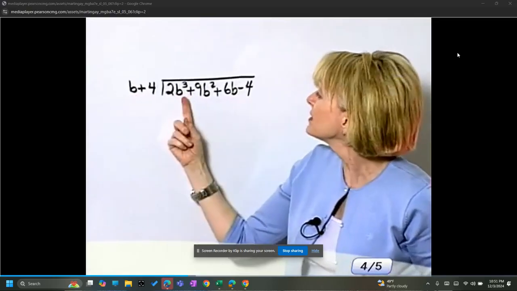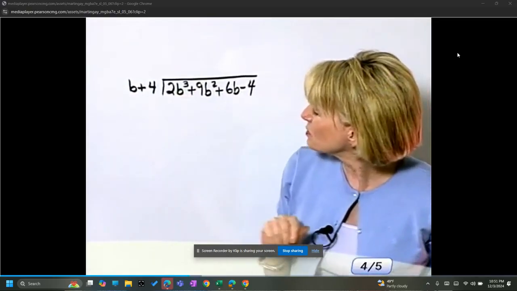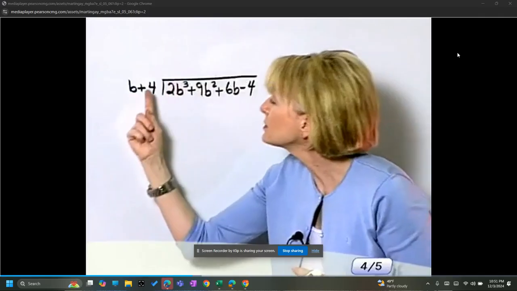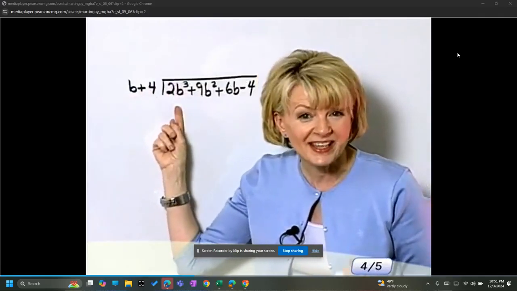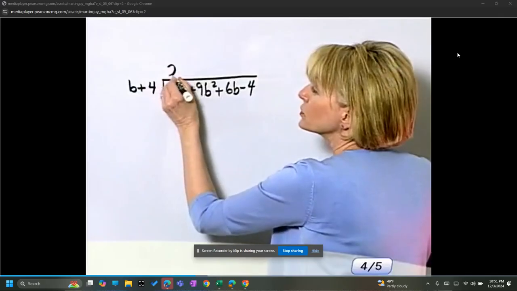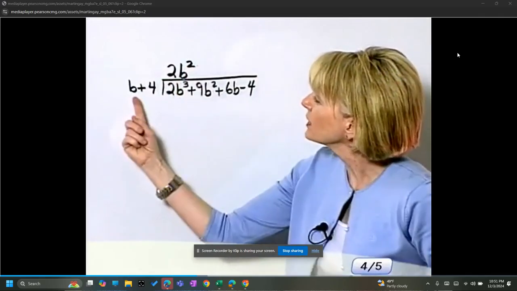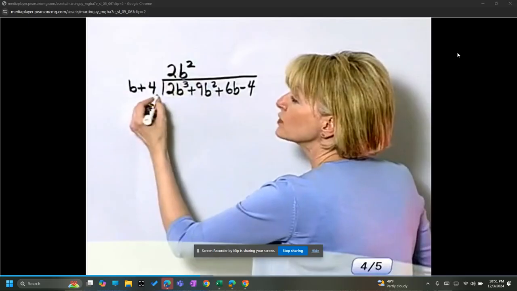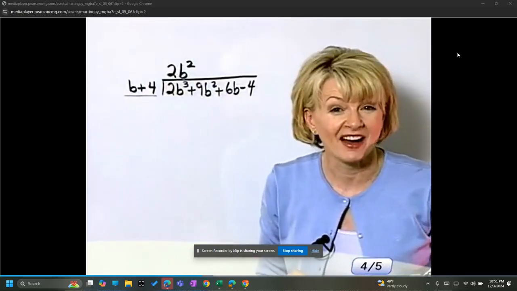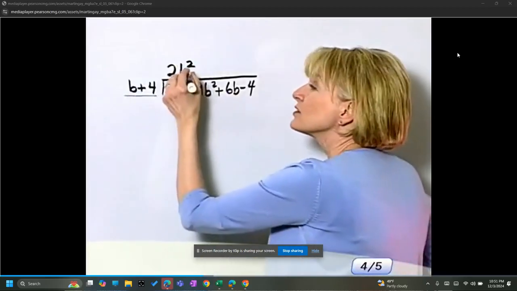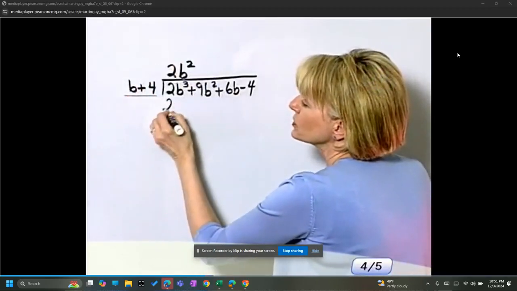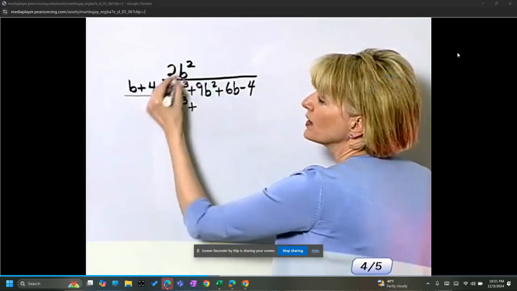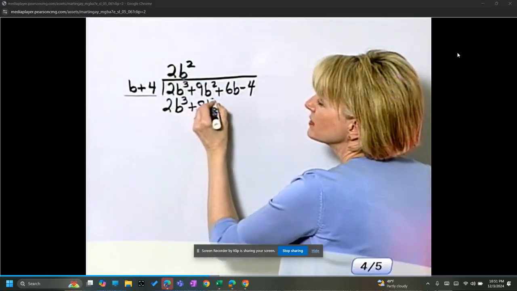So how many times does b divide into 2b cubed? Or if you'd like to think of it this way, what times b gives 2b cubed? Well, I know 2b squared times b gives 2b cubed. Now we'll multiply 2b squared times the entire divisor of b plus 4. So that's 2b squared times b, which is 2b cubed, plus 2b squared times 4, and that is 8b squared.